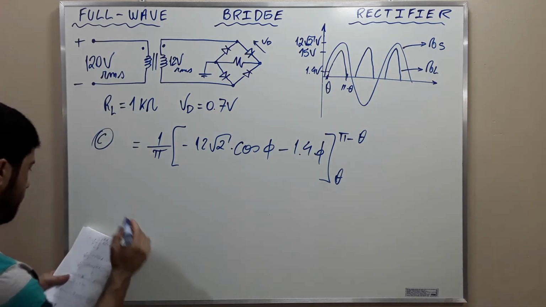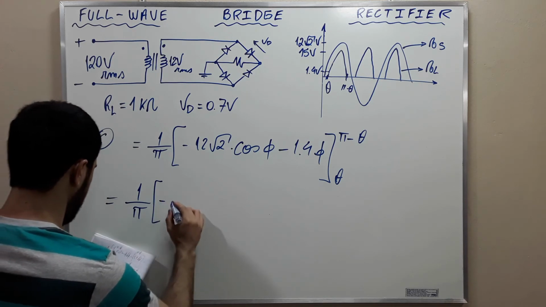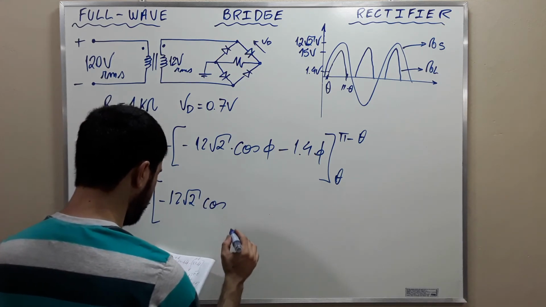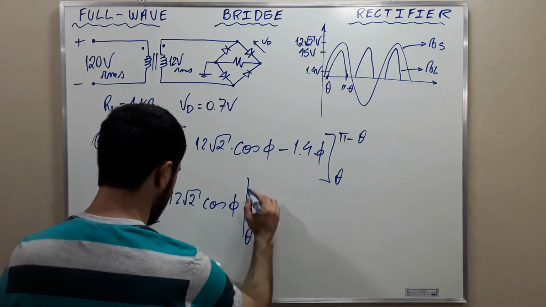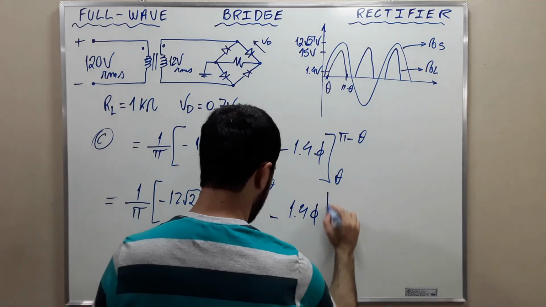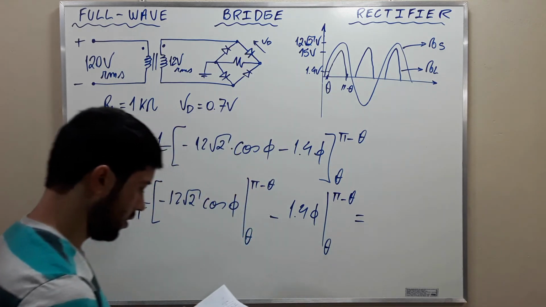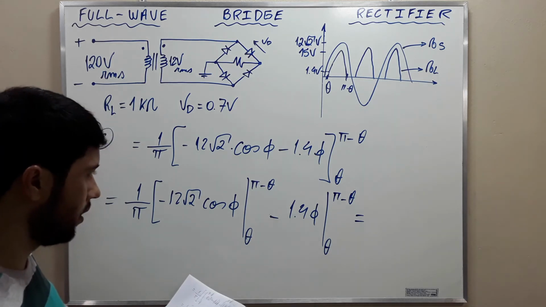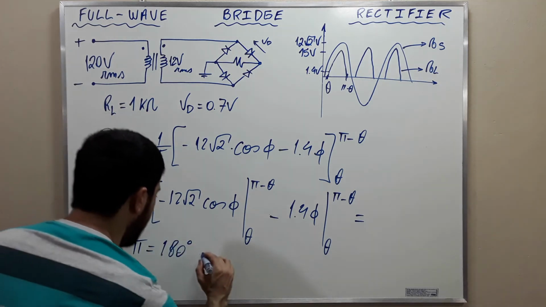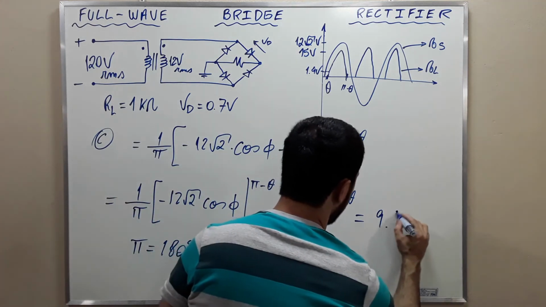Okay. And lastly, we find that it is going to be 1 over pi times 12 square root of 2 times the cosine of phi from theta to pi minus theta minus 1.4 phi from theta to pi minus theta, and this is if we use that pi is equal to 180 degrees and that theta is equal to 4.73 degrees, we find the value of 9.44 volts.